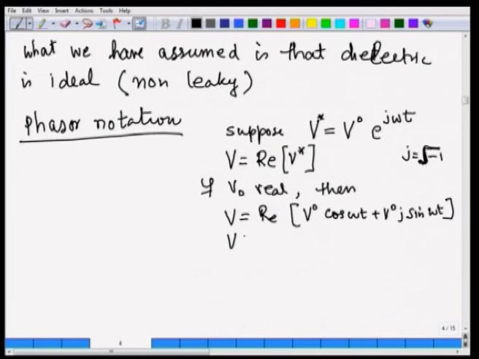So this V therefore will be simply V0 cos omega t. That is the AC voltage we have applied. This is the phasor notation. So we consider this as the voltage that we have applied.